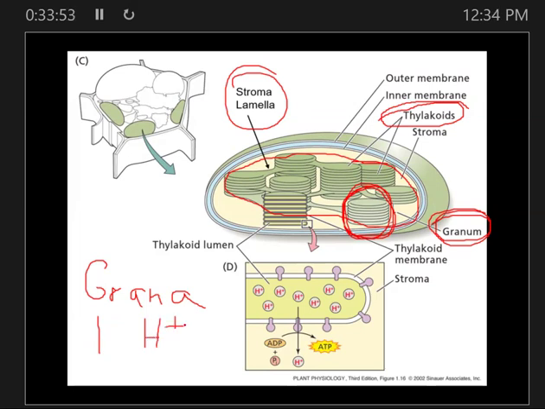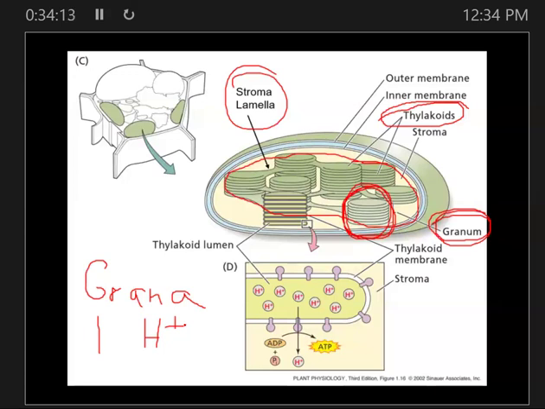So why am I saying gradient? Well, if you look inside here, you see lots and lots of protons, and then outside there's hardly any protons, and what's separating them is a membrane. So this is actually the thylakoid membrane.